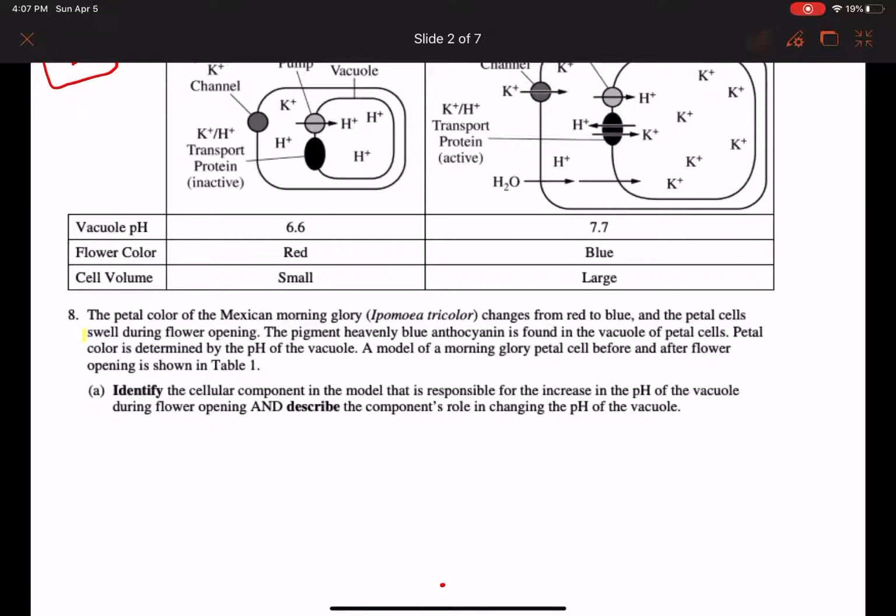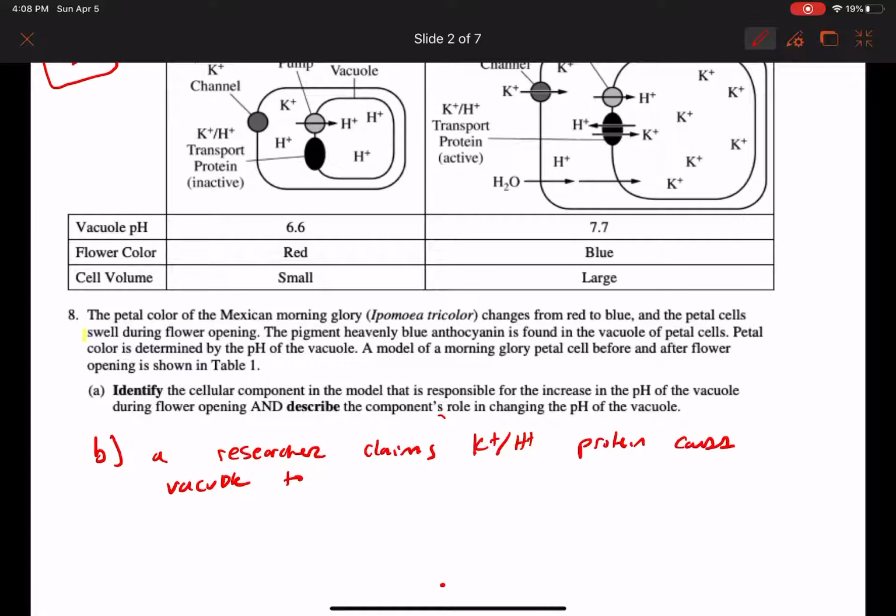For part B, what it is asking is: a researcher claims that the K plus / H plus protein causes the vacuole to swell with water.